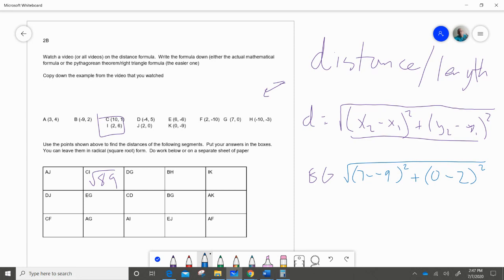So 7 minus negative 9 is 16. 0 minus 2 is negative 2. So 16 squared is 256. Negative 2 squared is 4. So our final answer is going to be the square root of 260.